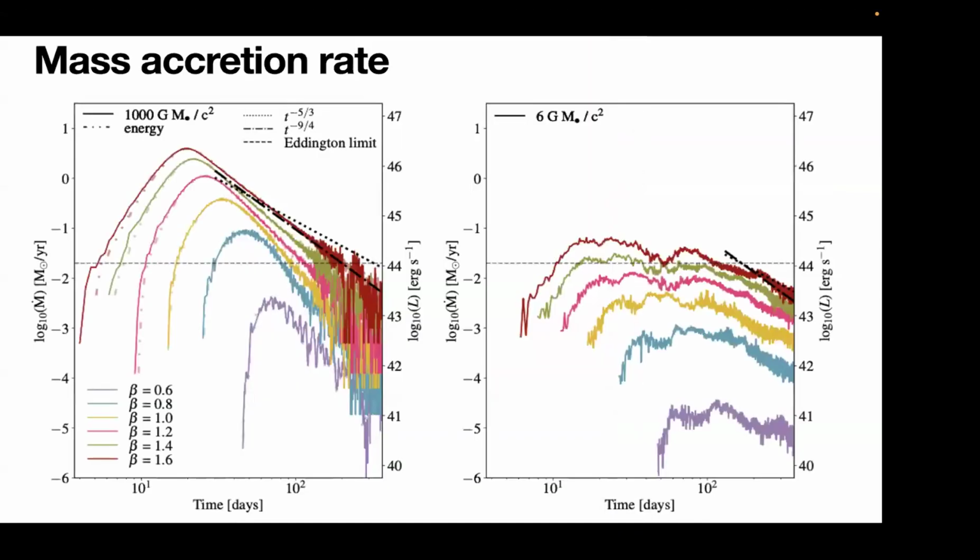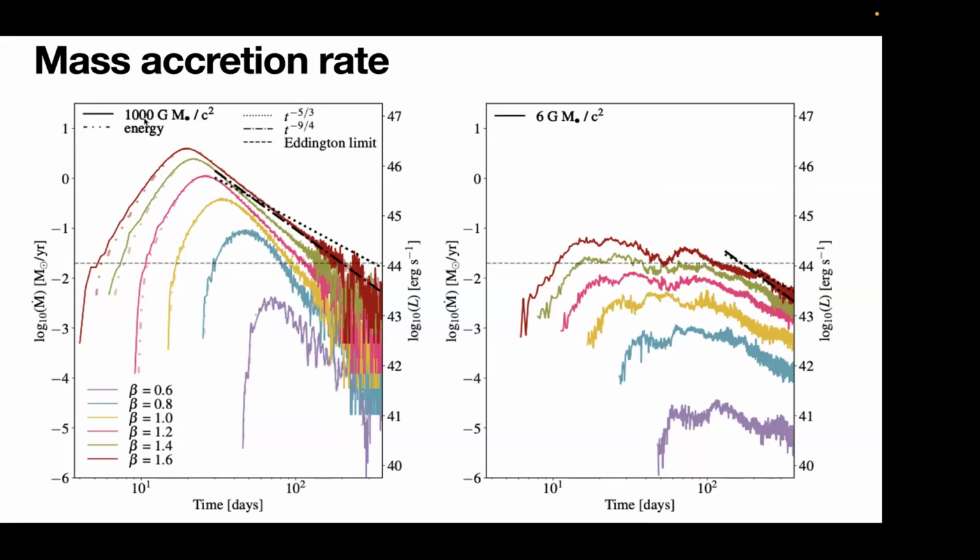This plot shows the mass accretion rate. We expect that after a TDE takes place, the bound material is on Keplerian orbits, and then it slowly starts coming back to the pericenter. To determine how much material falls back towards the pericenter, we calculated the mass fallback rate shown on the left side.